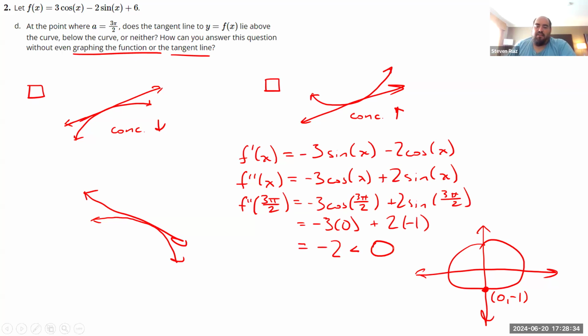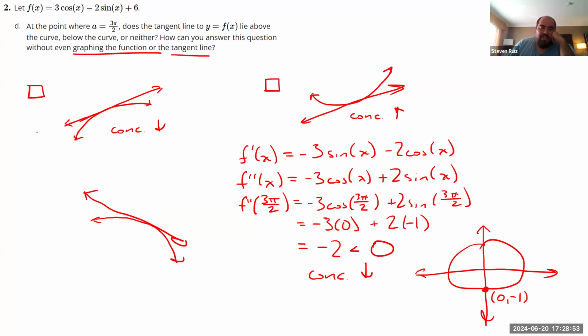So that's less than 0. So what does it mean when the second derivative is less than 0? That means we are concave down. Okay, we're almost there. We were asked, does the tangent line lie above the curve, below the curve, or neither?